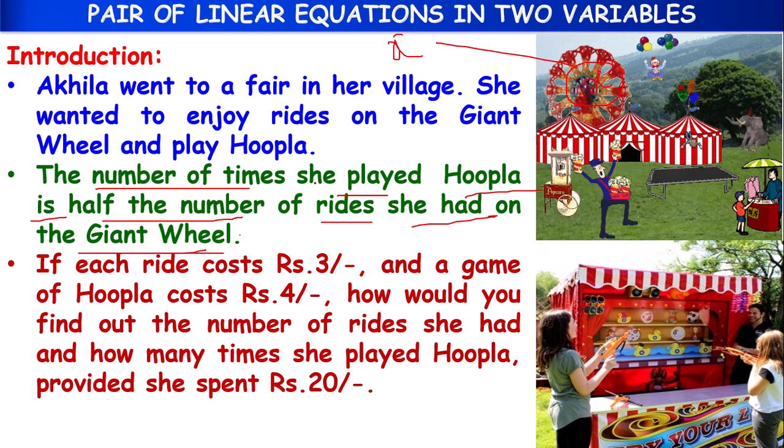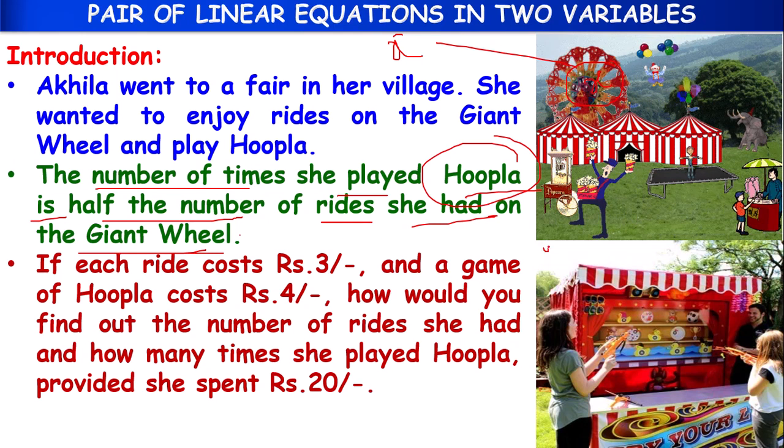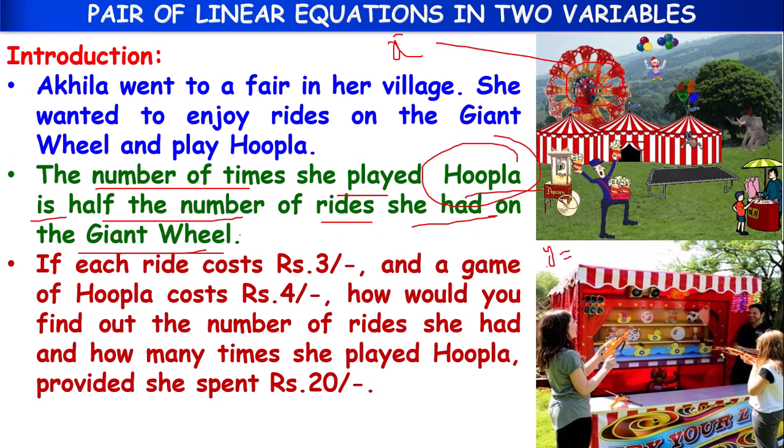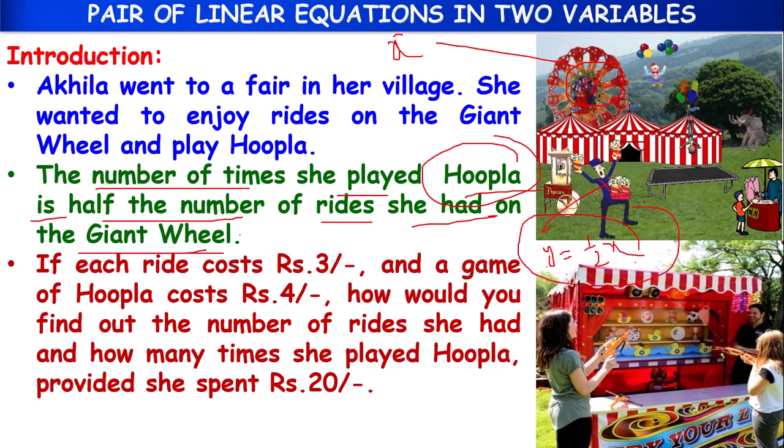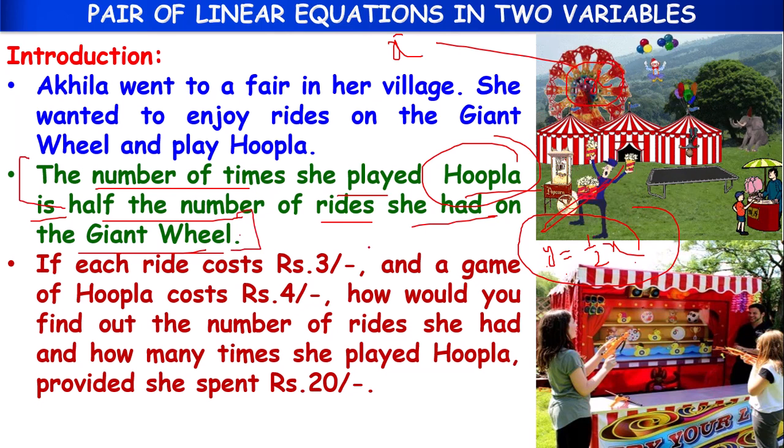Then the number of times she played hoopla is half the number of rides on the giant wheel. Means if the number of times played hoopla is y, then y equals half of x. So this is the situation here. This is the first hint given.